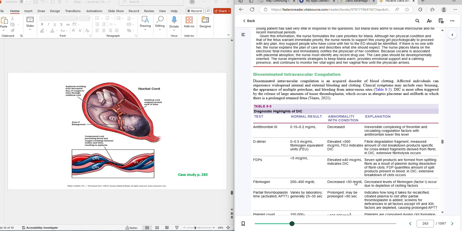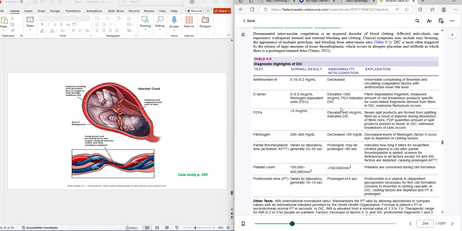And then DIC, disseminated intravascular coagulation. Remember us talking about this in previous chapters, the HELLP and DIC. We'll talk more about this, but this is when they overproduce the clots, okay? Overproduction of clots, they're bleeding from every orifice, okay?